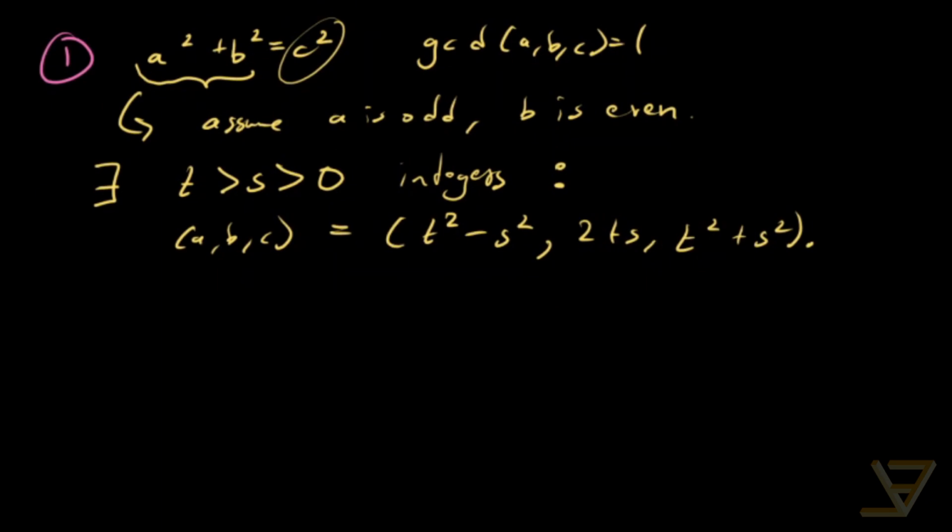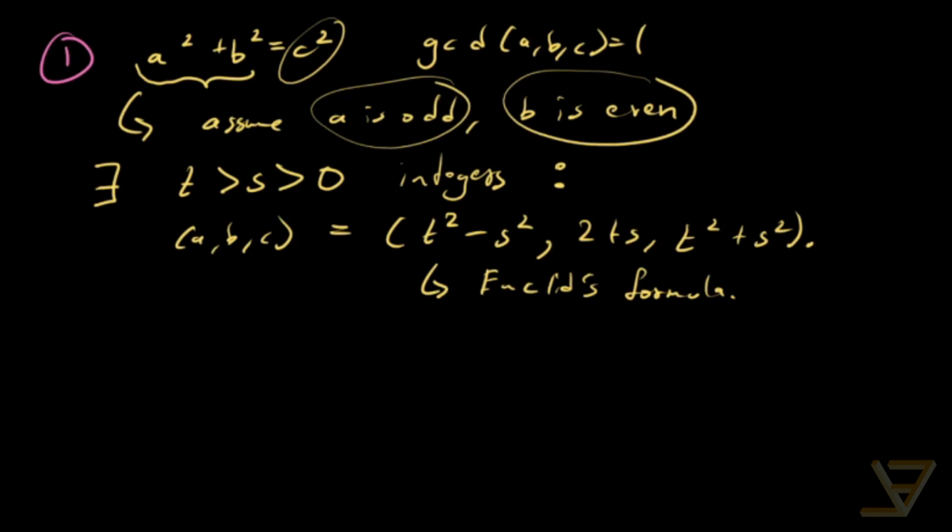So there's a distinct similarity to Euclid's formula. In fact, it's in the same form. We're just asserting that A is odd and B is even, and we're saying that this is for primitive triples.